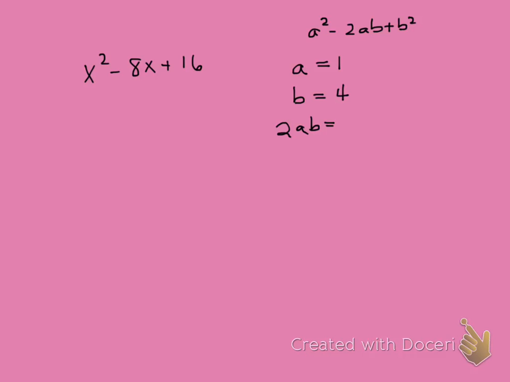It'd be 2 times 1 times 4, which is 8. So does it fit our setup? Yeah. Okay, so if it fits our setup, then what we're going to have is what?